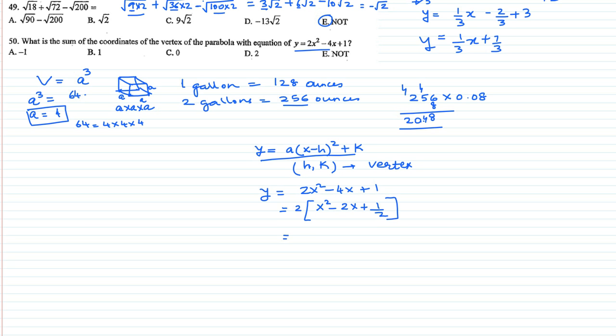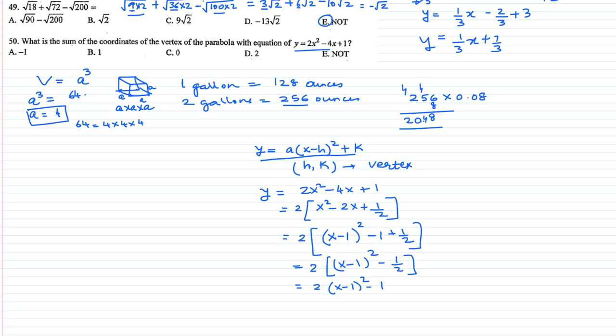So in order to complete the square, we do x minus 1 whole square minus 1 plus 1 over 2. So we get 2 times x minus 1 whole square minus 1 over 2. So when I multiply 2 throughout, I get 2 times x minus 1 whole square minus 1.